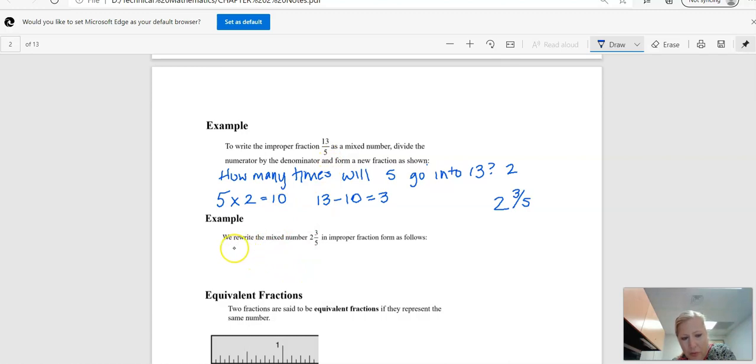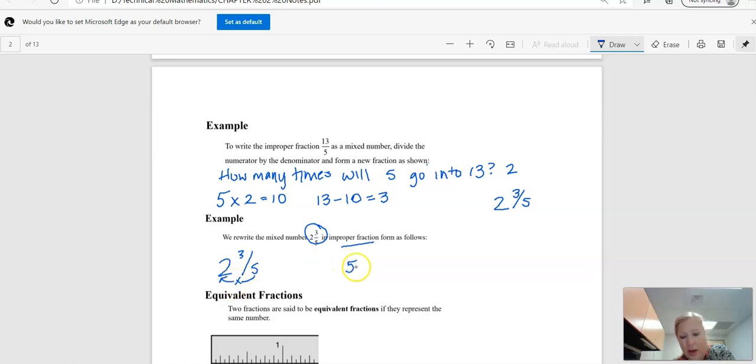So it says we want to rewrite the mixed number 2 3/5 as an improper fraction. So now we're going backwards. If we take the number 2 and 3/5, and we want to write it as an improper fraction, so top heavy, right? We're going to take the number on the bottom, which is the denominator, and multiply it by the number out front.